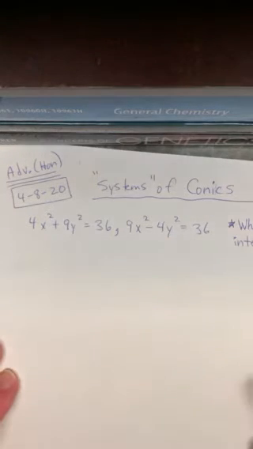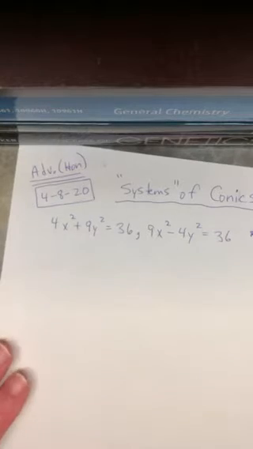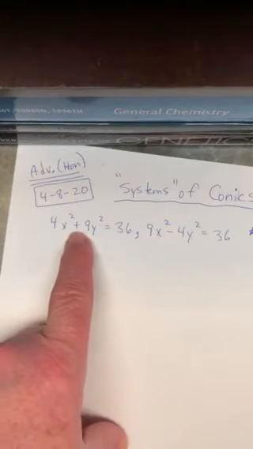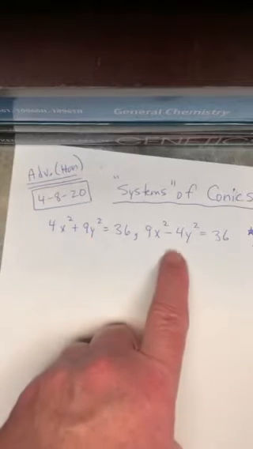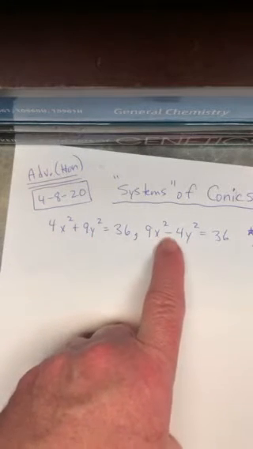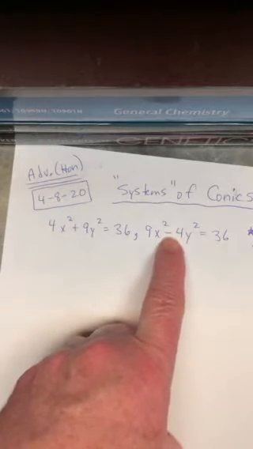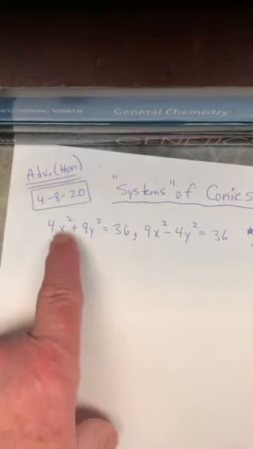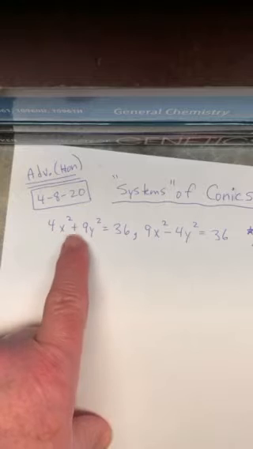Obviously, they look very similar. The major difference is this has a plus in the middle. This has a minus. We know when we see a minus in the middle, we're automatically thinking, oh, that's a hyperbola. Now, this one over here, is that a circle or is that an ellipse?